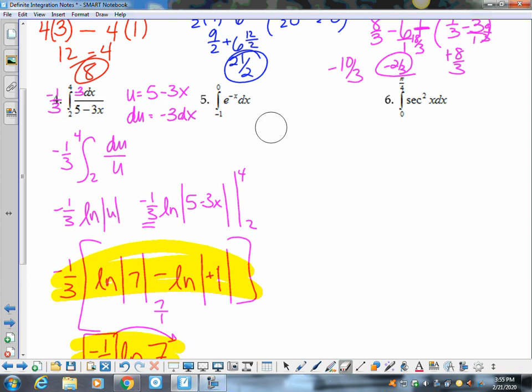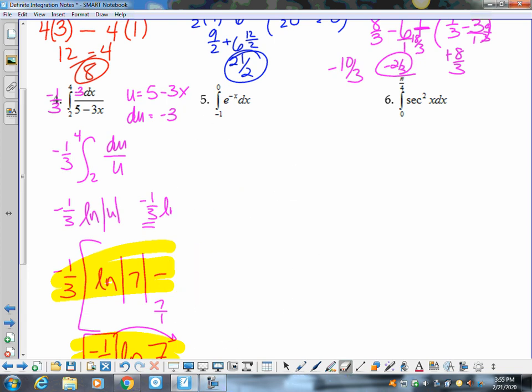Number 5. Let's see. I'm going to let my u be the power. So the derivative of that, we need a negative. So I have negative integral negative 1 to 0 of e to the u du.